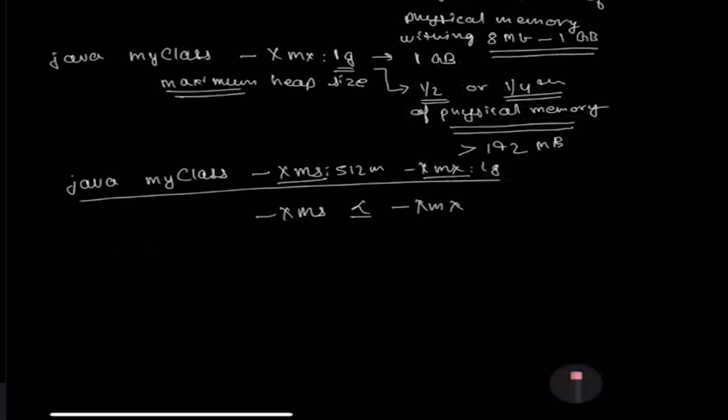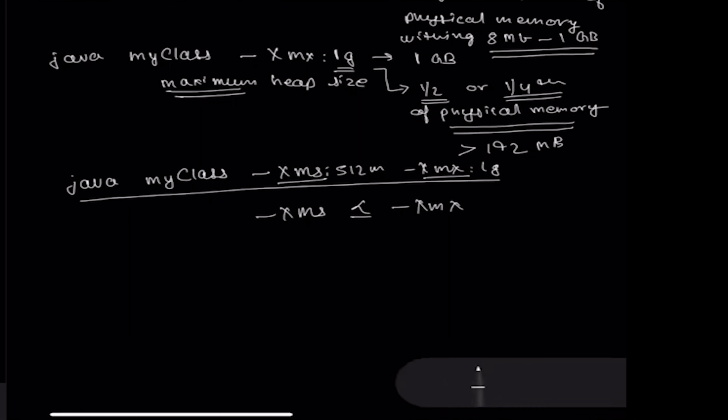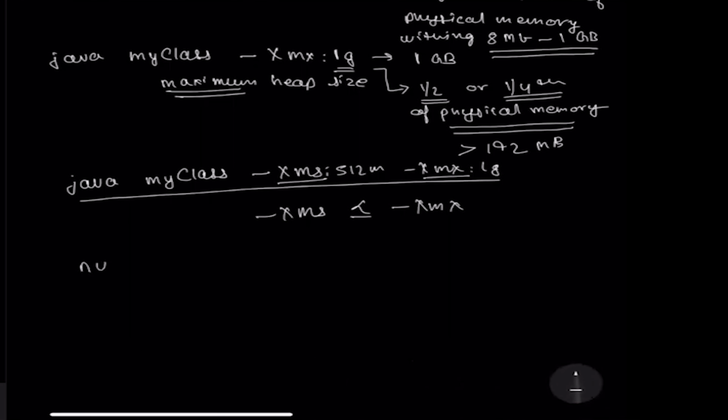Another interesting parameter to learn is the nursery size. It is denoted by -Xns. And nursery is part of the heap, and it is that part of the heap where the young generation objects live.